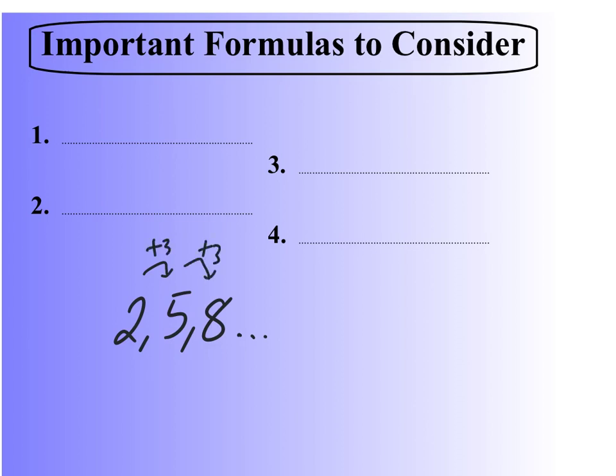What if I said I want the 23rd term? A sub n was equal to, let's see if you remember that formula. If you wanted the 23rd term, you'd stick 23 into what formula? You may have forgotten this one over the weekend. I would understand that.